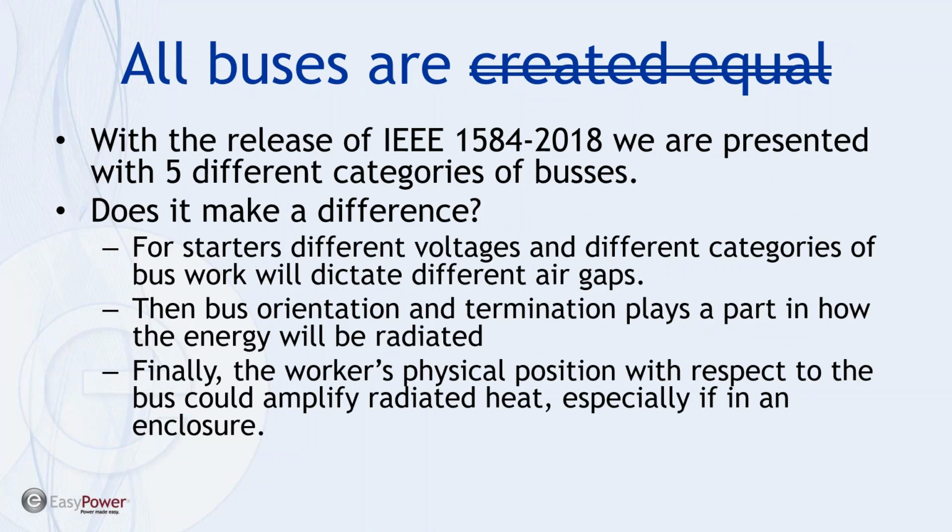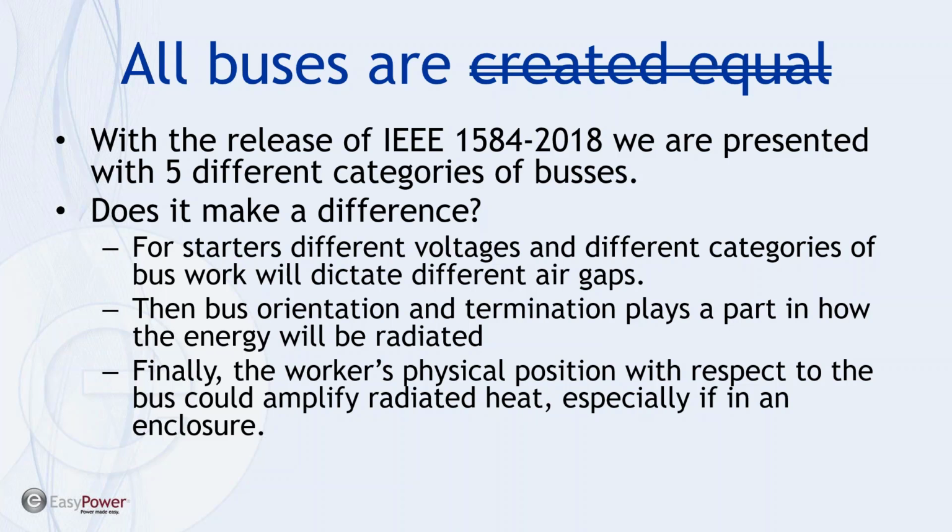Now, with the upcoming release of IEEE 1584 2018, we're presented with 5 different categories of buses, all of which can make a difference on our arc flash incident energy calculations. So you'll see that different voltages and different categories of bus will dictate different air gaps.